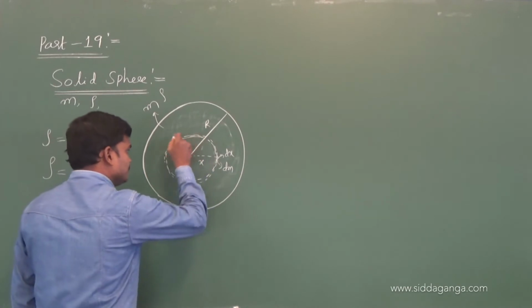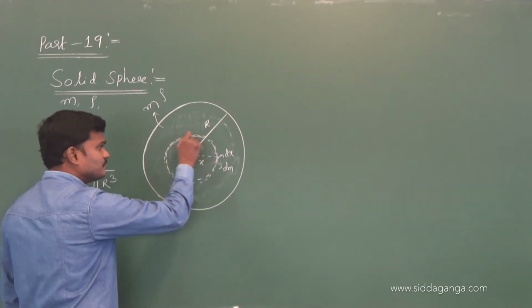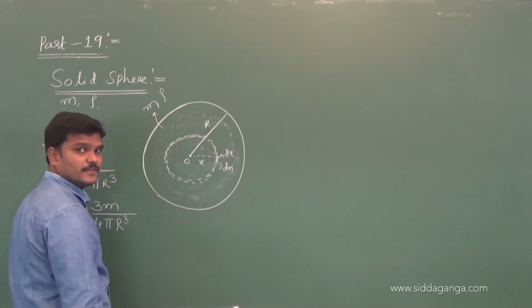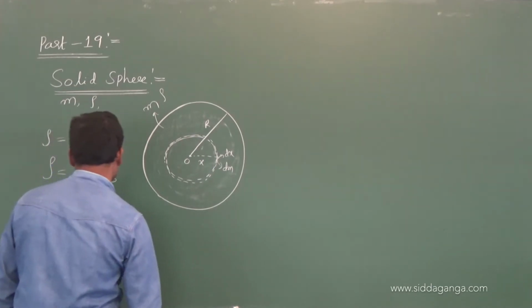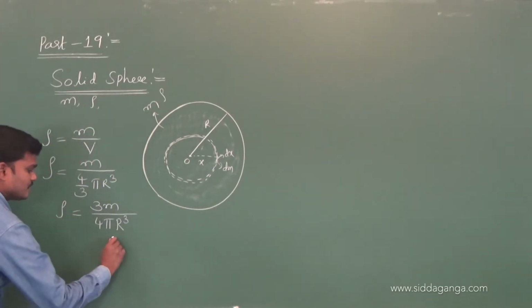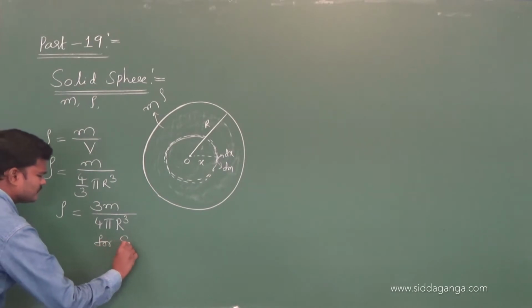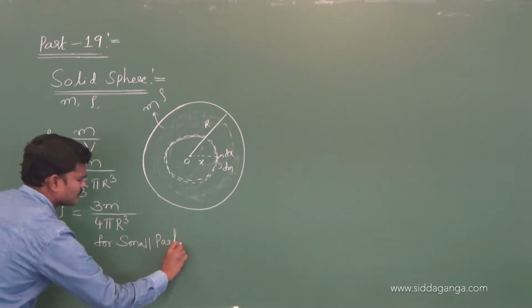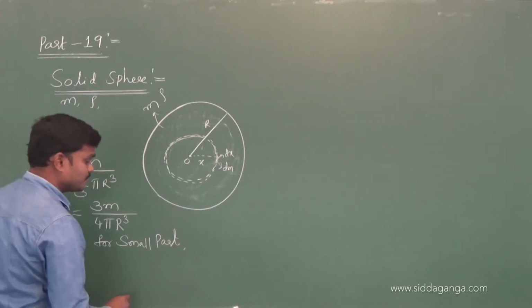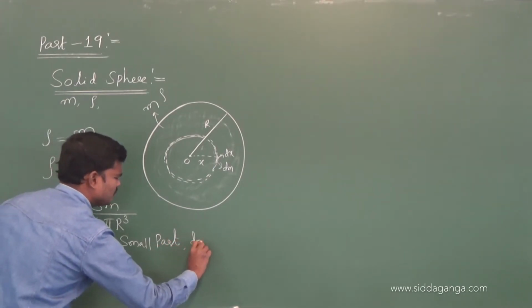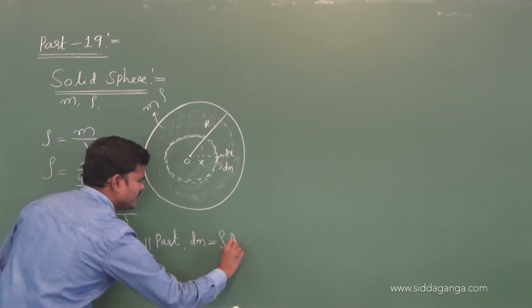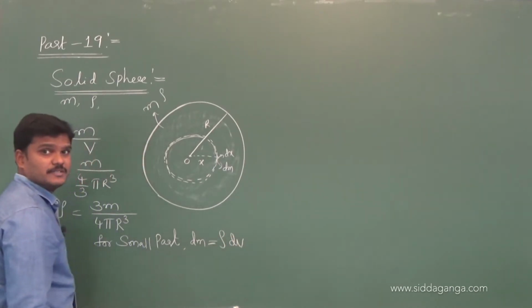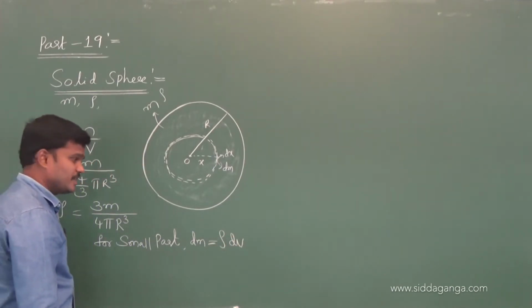Let us find the mass of the small part. For the small part, dm is equal to rho into dV.